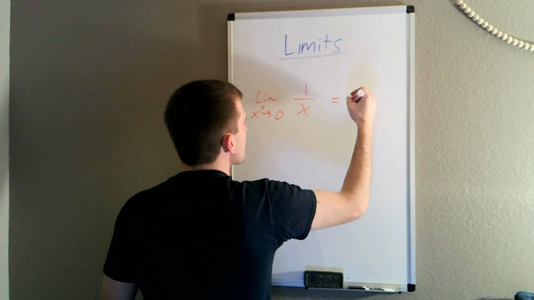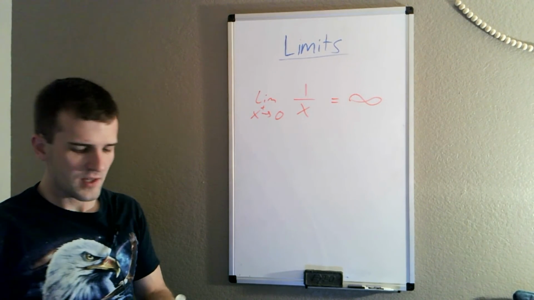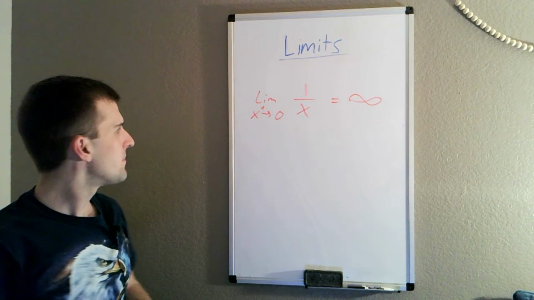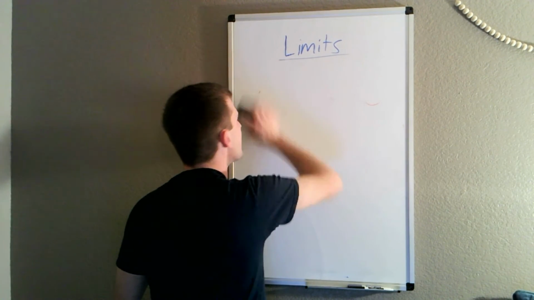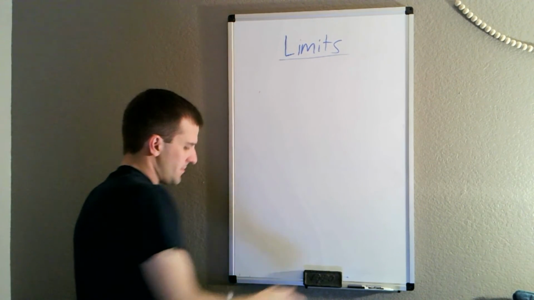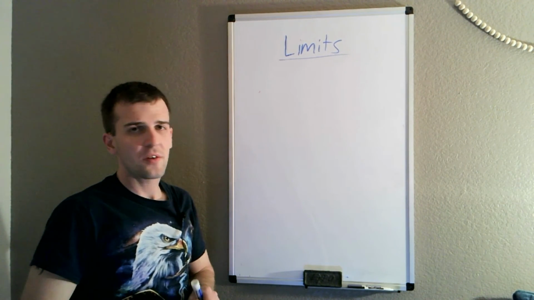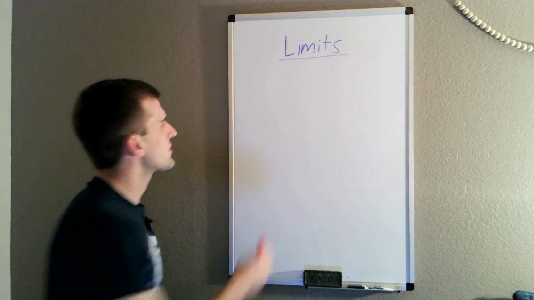So we are going to say this is actually equal to infinity, and this will come in handy. Okay, so we're going to consider the limit as x approaches infinity of 1 over x.